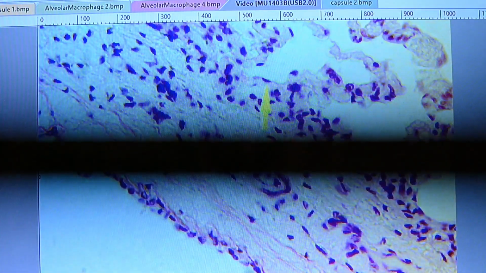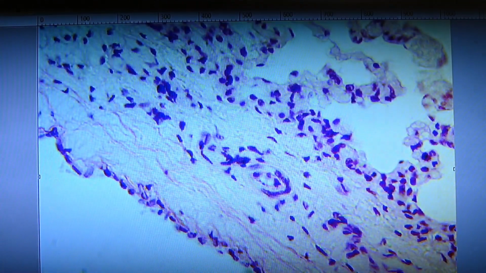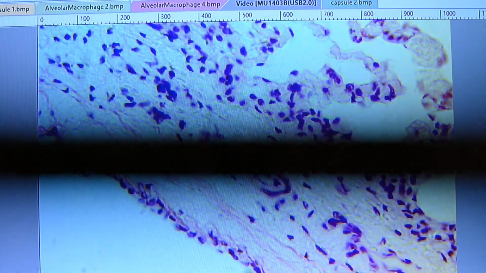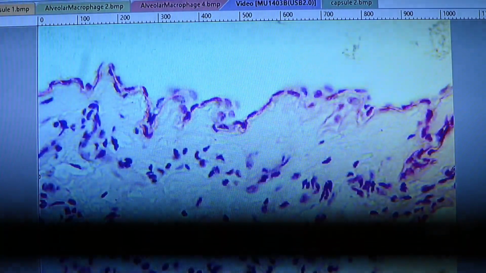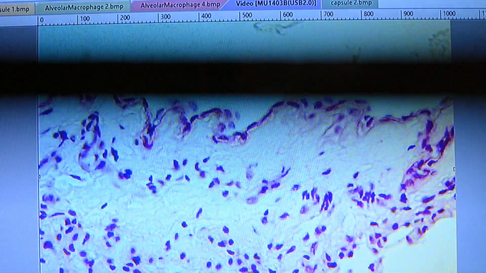We're going to roam around just a little bit to look at this capsule in some other locations. It's fairly thick right here. There are some places where it will be thinner. It's fairly thick in this region here as well.